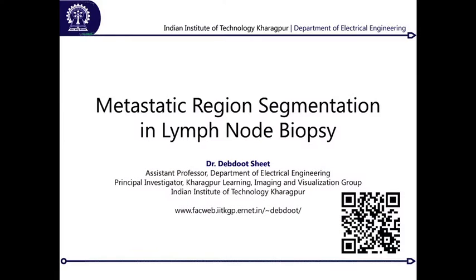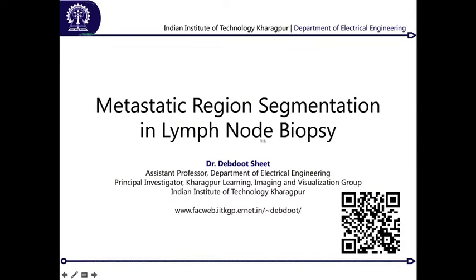And now what I would be discussing is the big data deluge which we are facing today, and this is about biopsy and analyzing biopsy. So one specific problem which I take is from one of the challenges called CAMELYON, and this one is about metastatic region segmentation in lymph node biopsies.